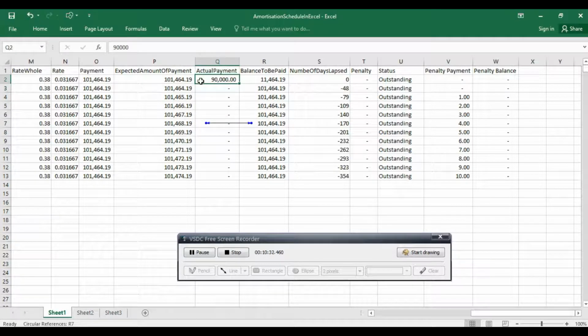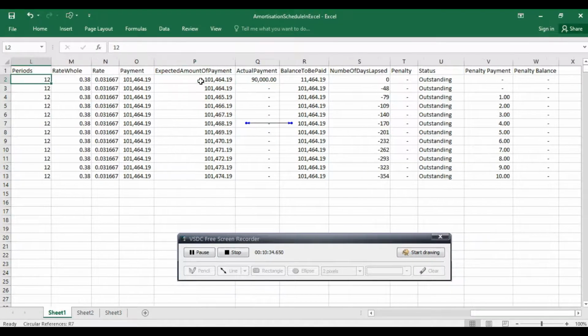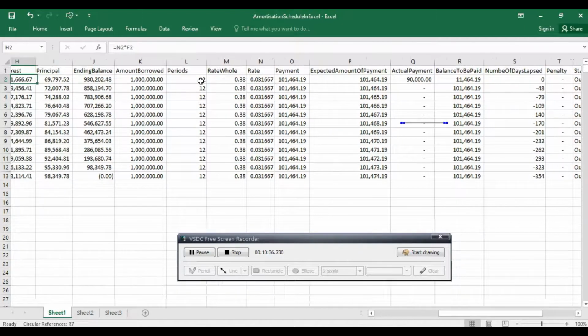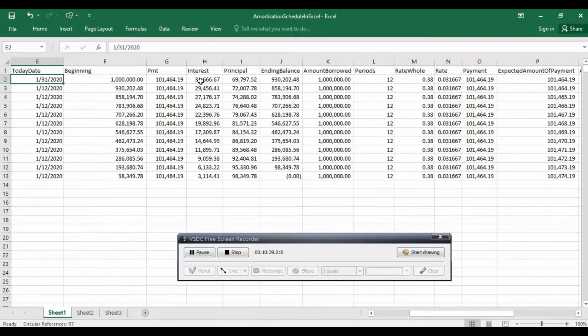Let us assume that today's date is 15 February.